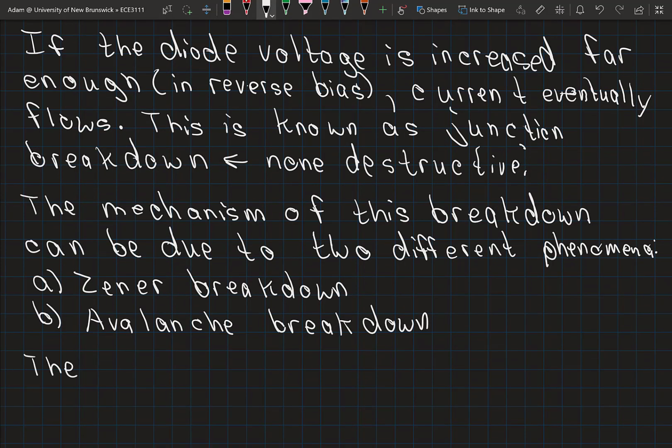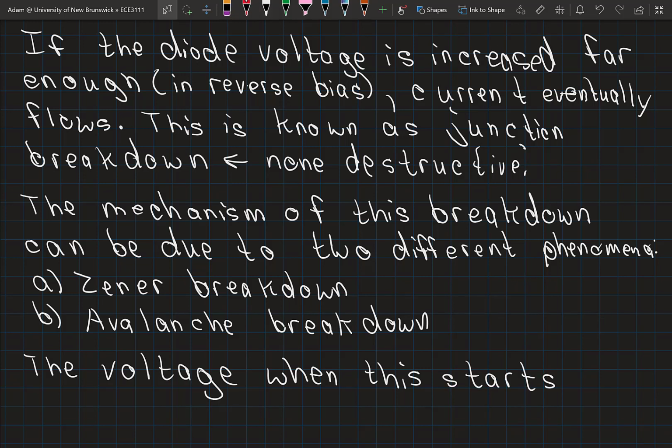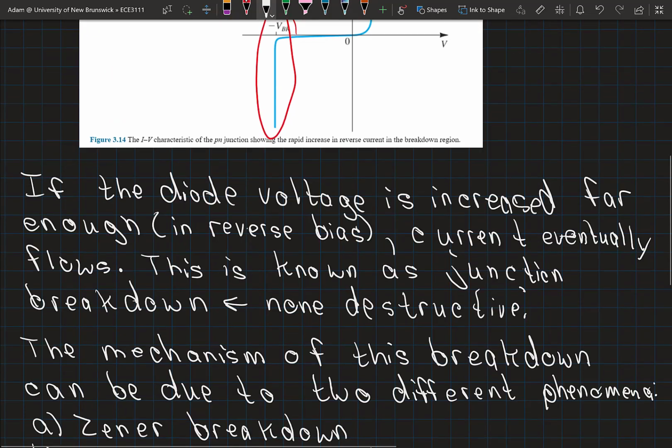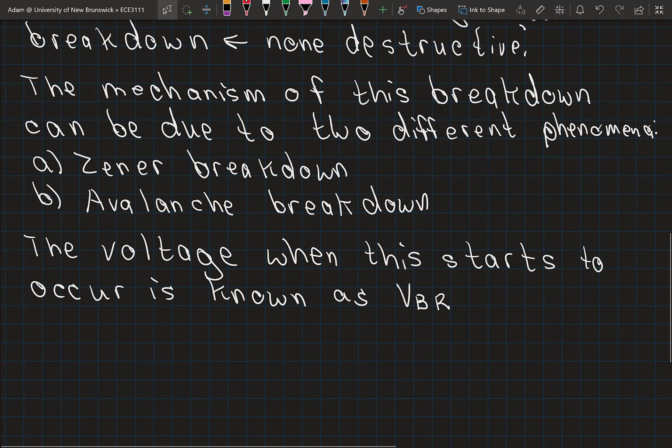So the voltage at which the breakdown occurs, and this leads to a little bit of confusion, because often we refer to the breakdown voltage as the Zener voltage, as shown on our plot here above, called VBR, but it's also referred to as VZK.